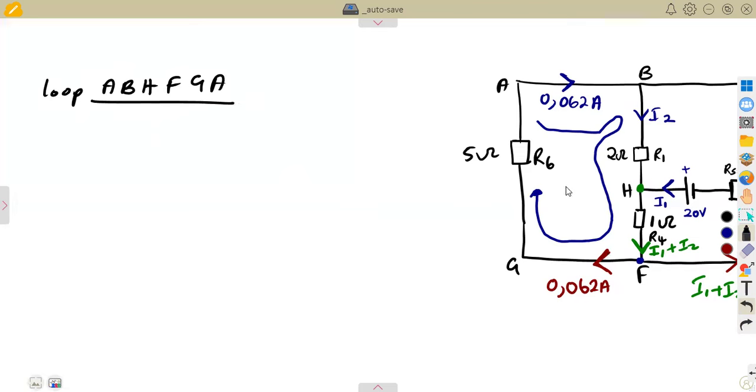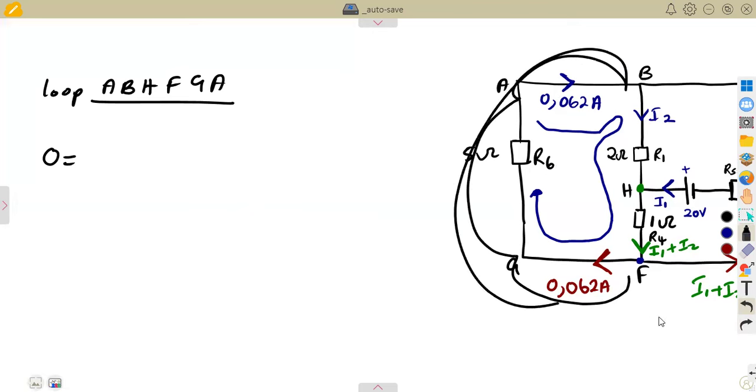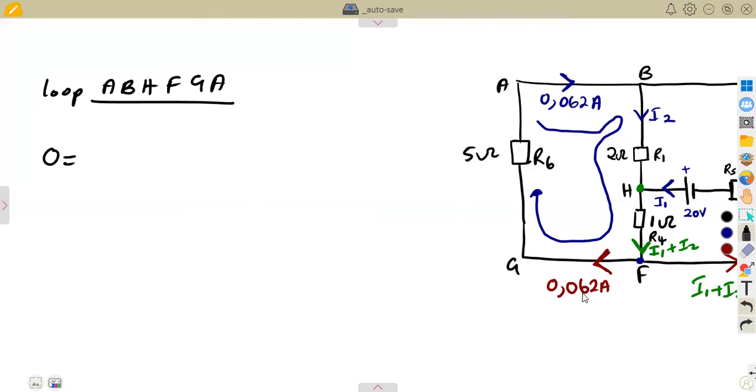In this loop, we do not have an EMF. Remember, the EMF is supposed to be equal to the potential drops. So considering across this AB, this is the same current from F to G to A to B. It is the same current of 0.062, and as we can see, it is flowing in the same way that we have taken our loop.